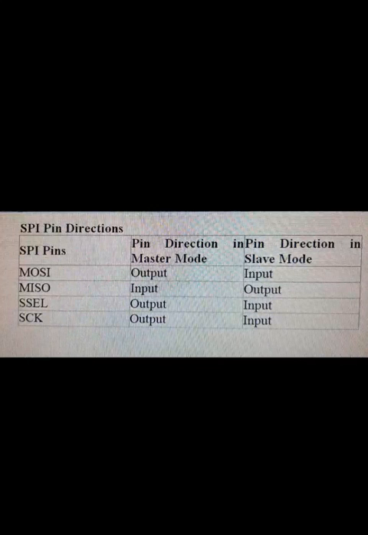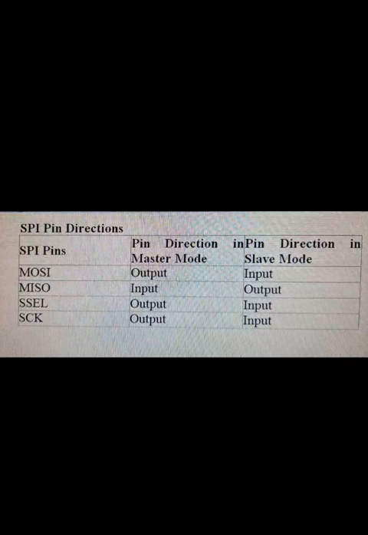The next is the SPI pin direction. In this table we show the SPI pins, with the pin description, the pin direction in master mode and the pin direction in slave mode. MOSI, that means master out slave in, is an output in master mode and an input in slave mode.